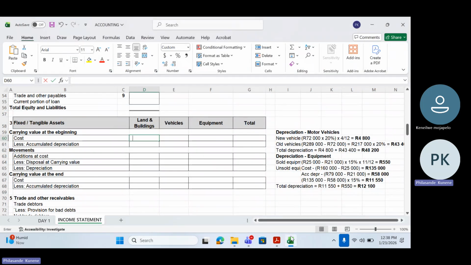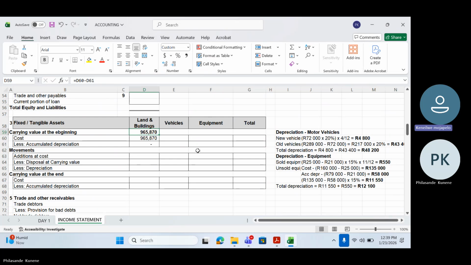I'm going to have 965,870 as my cost price. And then how much is my accumulated depreciation? It's going to be 0 because we're saying land and buildings do not depreciate. Then my carrying value is my cost minus accumulated depreciation, which is going to be the same 965,870.